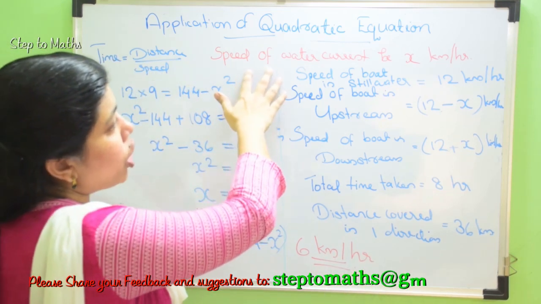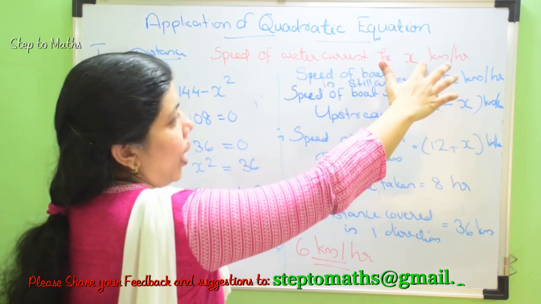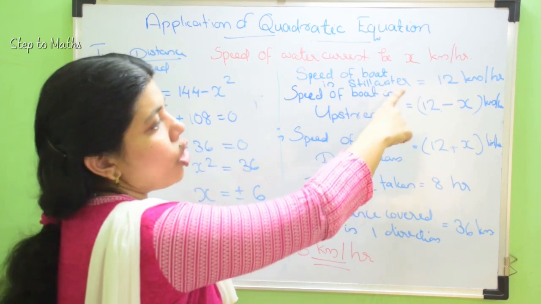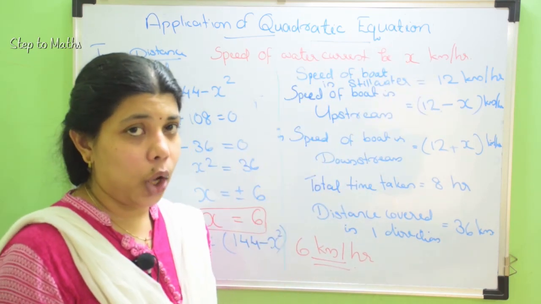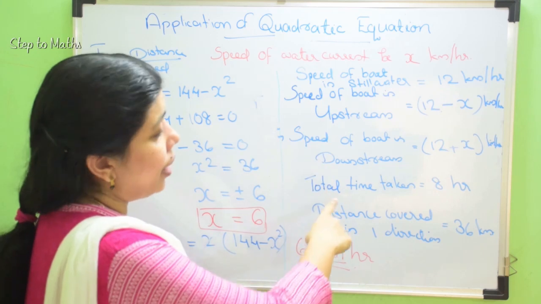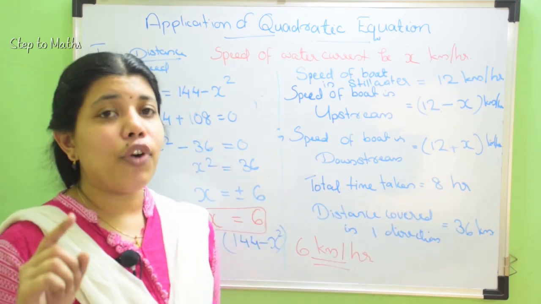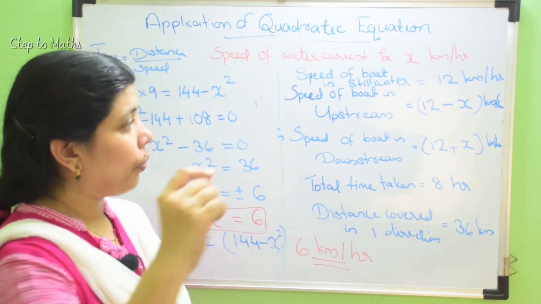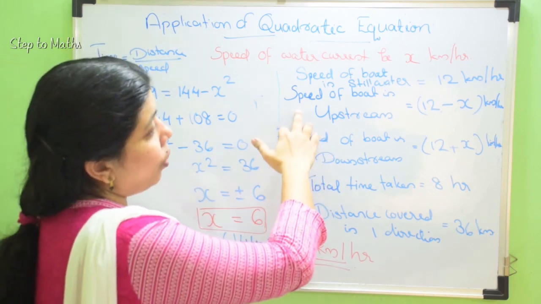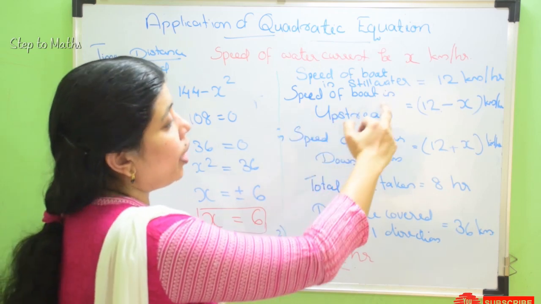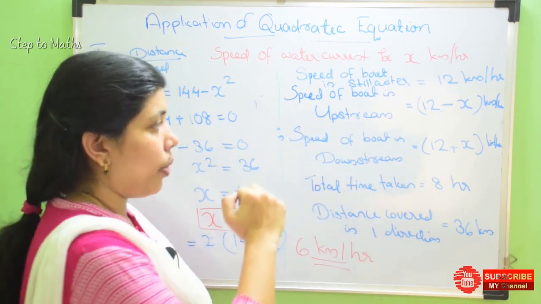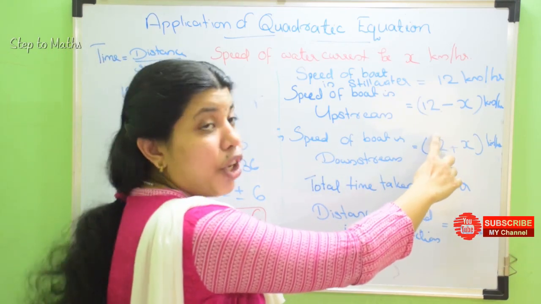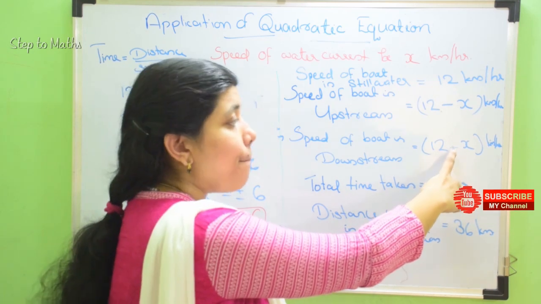Here we want to find out the speed of water current, taken as x, and the information given is that speed of boat in still water is 12 km per hour, total time taken is 8 hours, and he covers 36 km in one direction. For that we have to find the speed of boat in downstream and upstream.